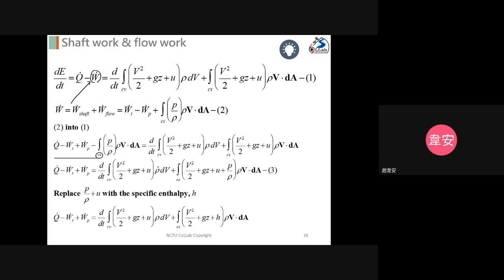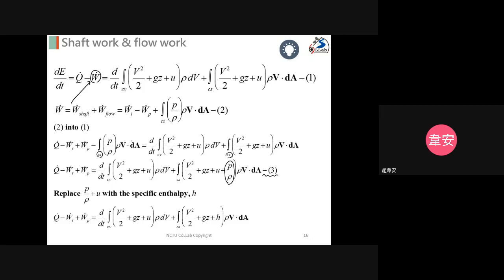There are two integrations along the same domain, the control surface, so we just put the two items together. So on the right hand side here we have an additional pressure term. So this equation is our equation 3.